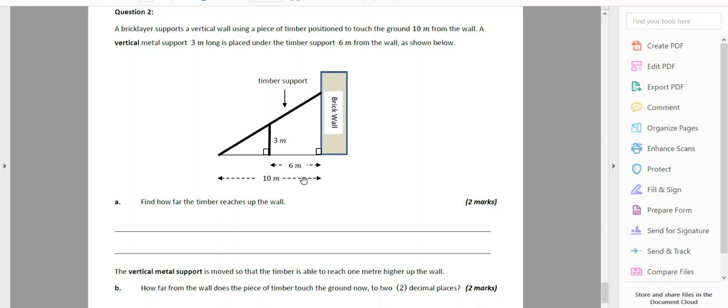A vertical metal support, there it is, 3 meters long, is placed under the timber support 6 meters from the wall, as shown below. This is a good question because they've given us a diagram to start off with, which is great. Part A says, find how far the timber reaches up the wall. So we want to find this side length, from there to there.